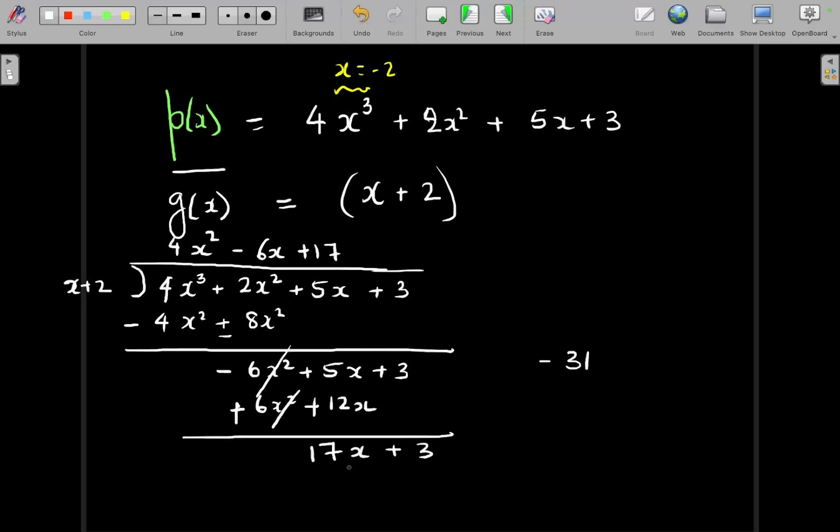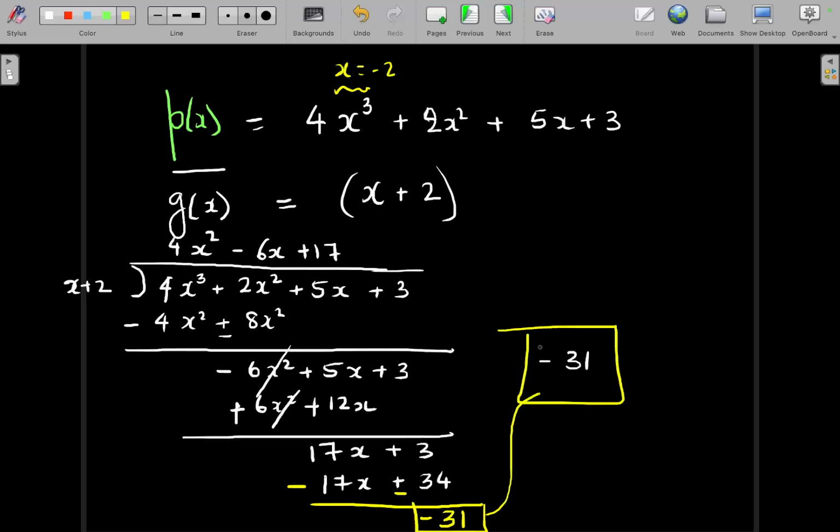Remember that 17x plus 3 cannot be the remainder because we're looking for a remainder of degree 0, and I have 17x plus 34, and then I have a minus and a minus, and minus 31. Great. So there it is, minus 31, the remainder.